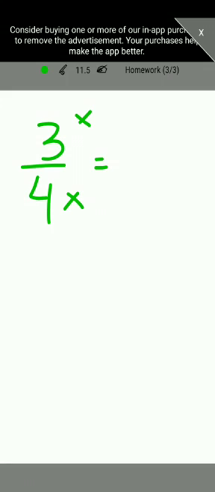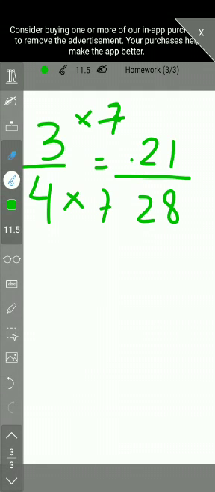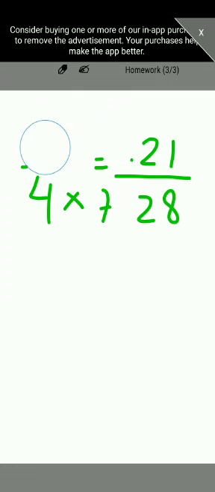You can multiply by 2, or you can multiply both by 7, or by any number, but the same number should be used for both. 3 7s are 21 and 4 7s are 28. All right, so we can say that 21/28 is equivalent to 3/4.